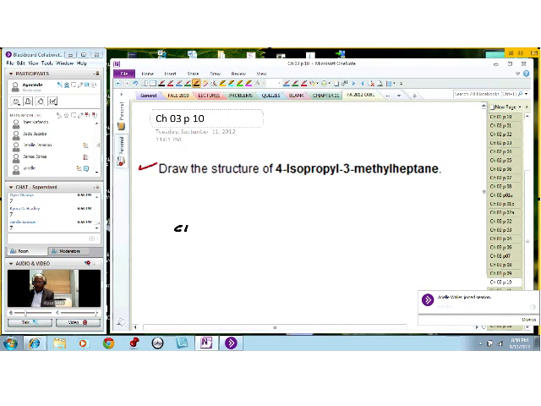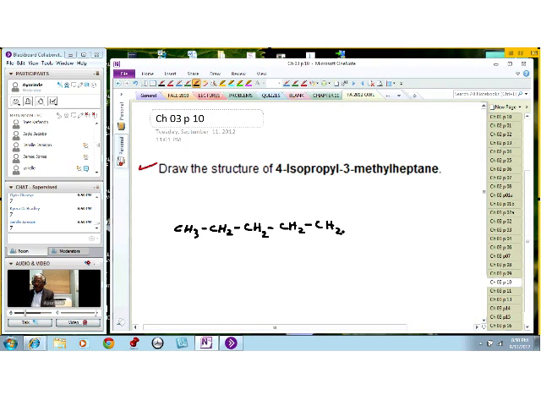I like to do this because I want you guys to see how to keep track of your valence. By doing this, you will be able to keep track of your valence. So if you have any substituent, you know you have to remove 1 hydrogen before you attach the substituent.